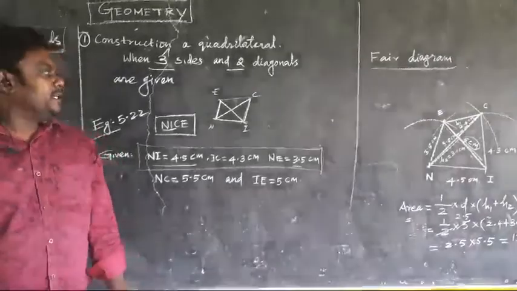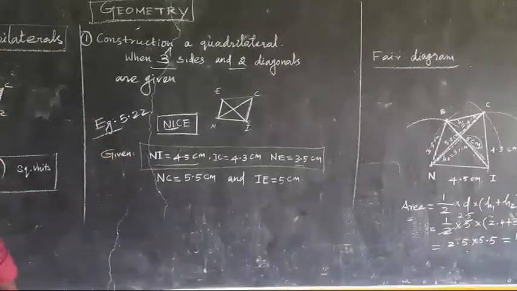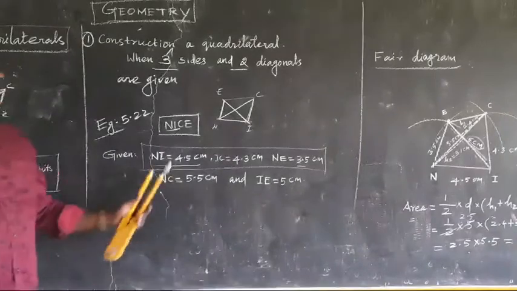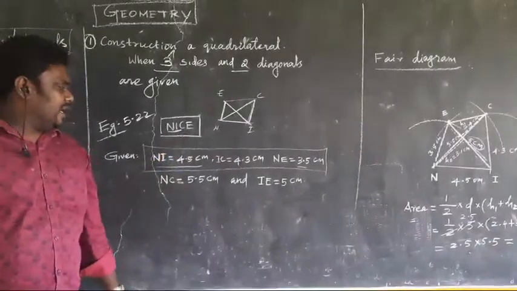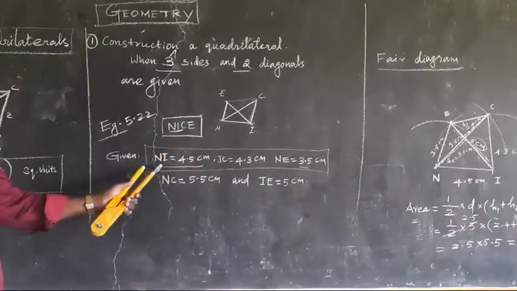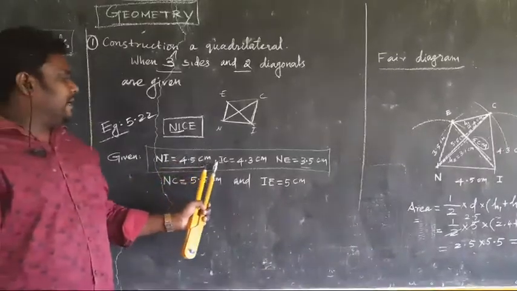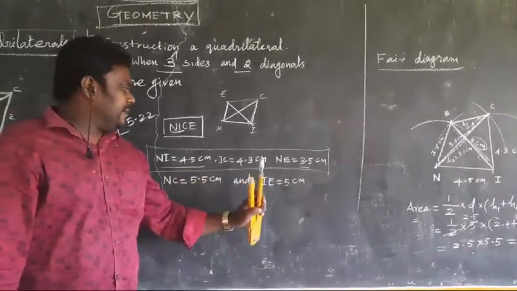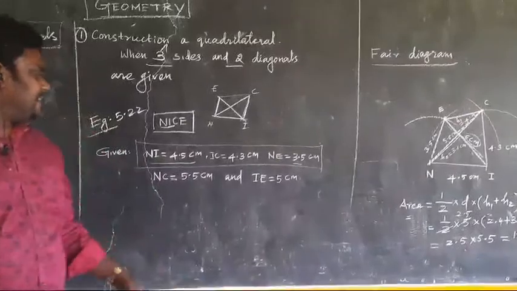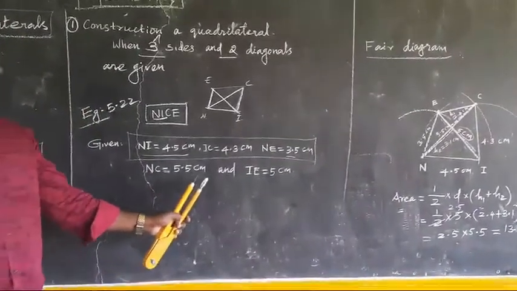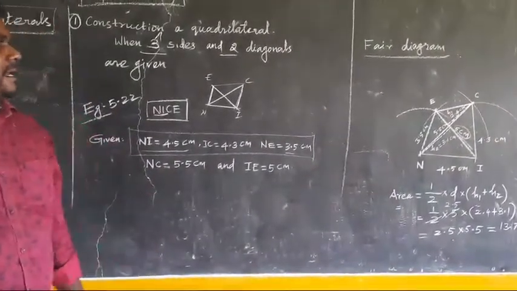Example 5.22. The question is: construct the quadrilateral NICE, where NI equal to 4.5 centimeter, IC equal to 4.3 centimeter, NE equal to 3.5 centimeter, NC equal to 5.5 centimeter, and IE equal to 5 centimeter.